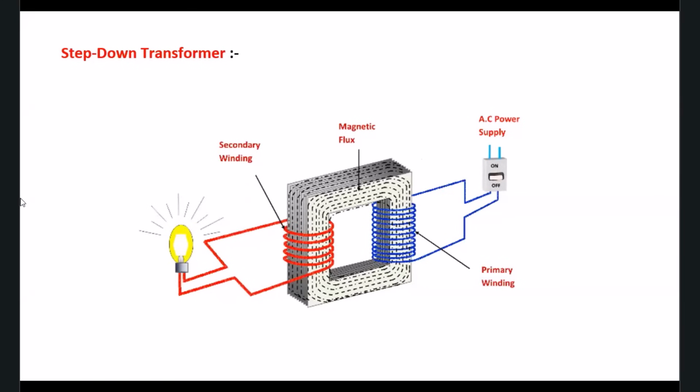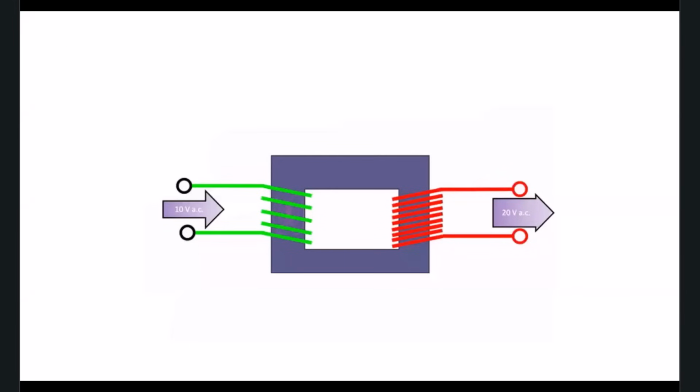Okay, now let's move further and talk about the next transformer, that is called the step up transformer. The step up transformer has more secondary windings. Here the red cables are representing secondary and the green cables are representing primary.